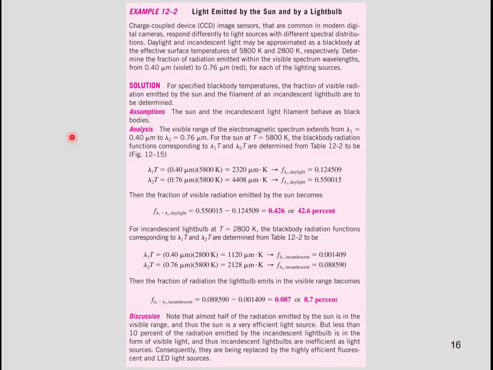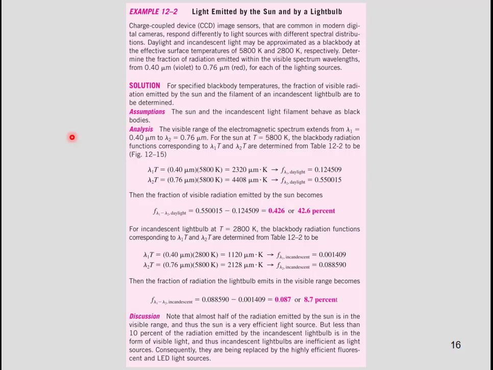Okay, now in this example we are going to see how to use the concept of the black body radiation function to see how much of a light source is visible.